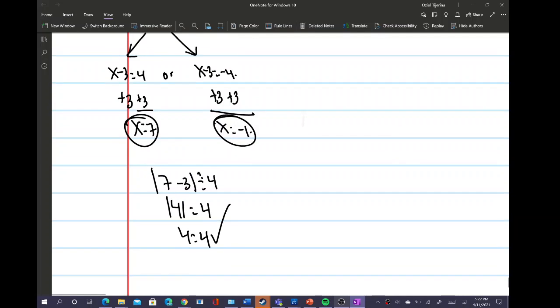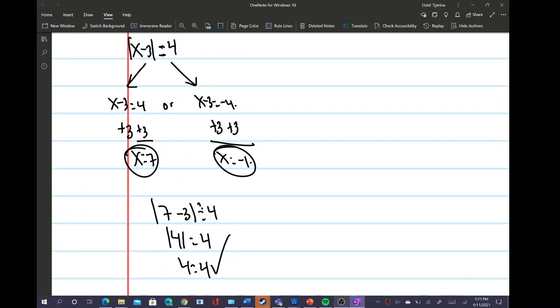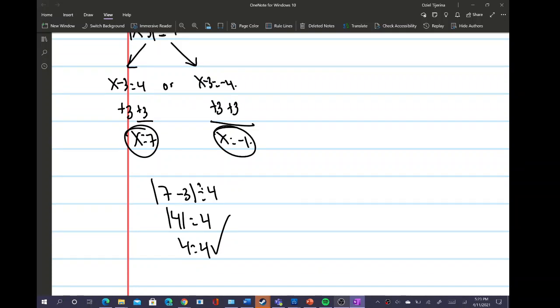The reason why they ask you to check it is because sometimes when you get solutions, it's possible that one of them is extraneous, meaning that one of them is not a real solution, or one of them does not satisfy the equation. So for this other one, you would do the absolute value of negative 1 minus 3.